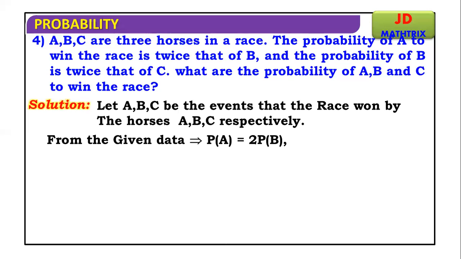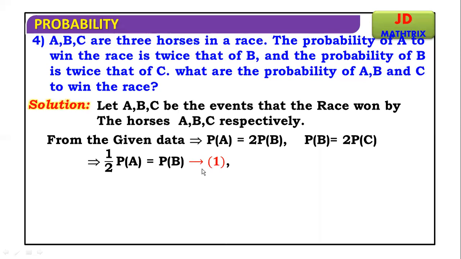From the given data, the probability of A to win the race is twice that of B. That means P of A is equal to 2 into P of B. Given next, P of B is equal to 2 into P of C. That means the probability of B is twice that of C. So from this we can write P of B is equal to 1 by 2 into P of A. Let it be equation 1.